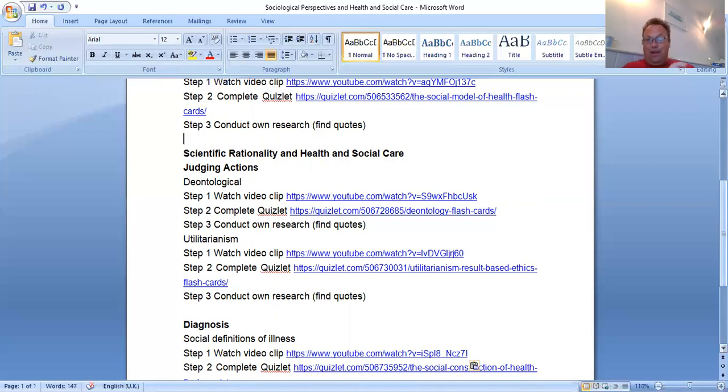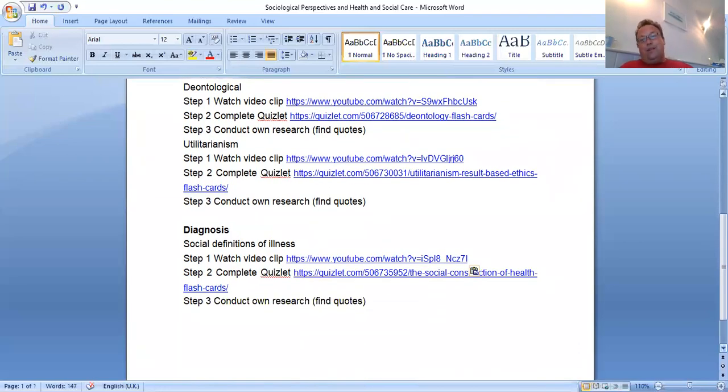Again, this will be explained in further detail in the video I provide here. And if I could get you to do the Quizlet exercise to reinforce your knowledge and understanding there before conducting your own research, to gain a deeper understanding and to find quotes to help you with this assignment.